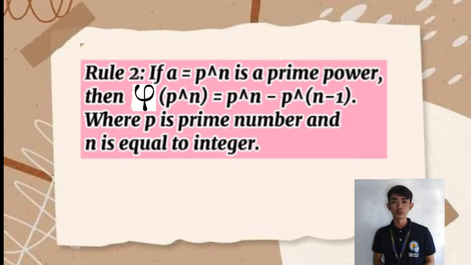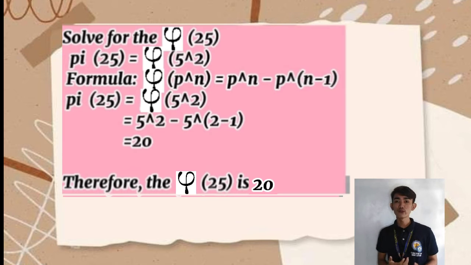Rule number 2. If a equals p raised to n is a prime power, then phi of p raised to n equals p raised to n minus p raised to n minus 1, where p is a prime number and n is an integer. For example, solve for the phi of 25.